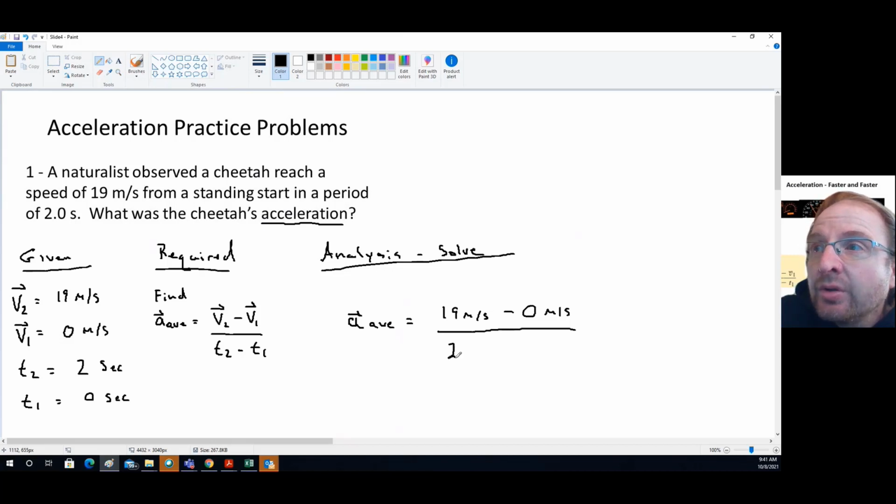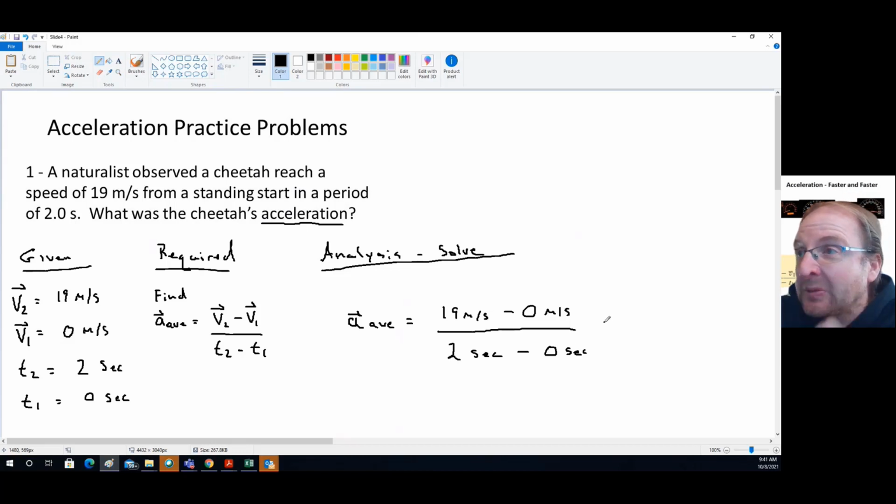And time 2, 2 seconds, subtract 0 seconds. Again, 2 subtract 0 is 2. So we just rewrite this as 19 meters per second, our ending speed, and in the course of 2 seconds, what's our acceleration?